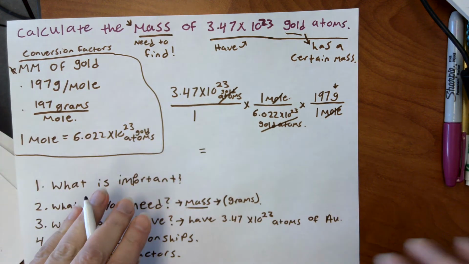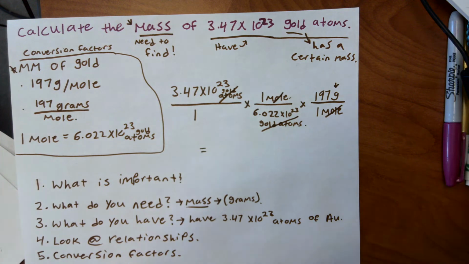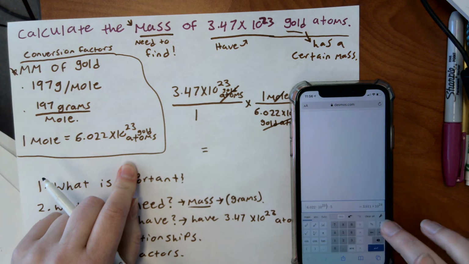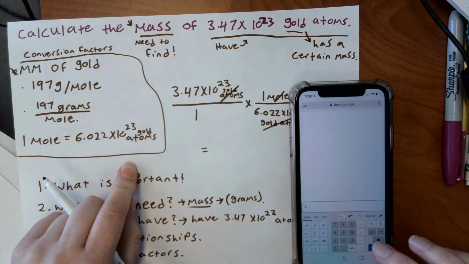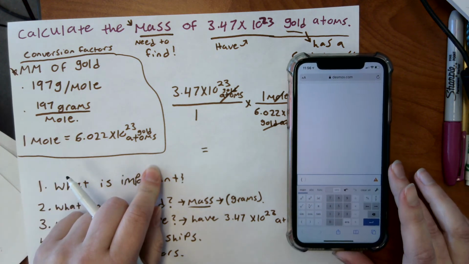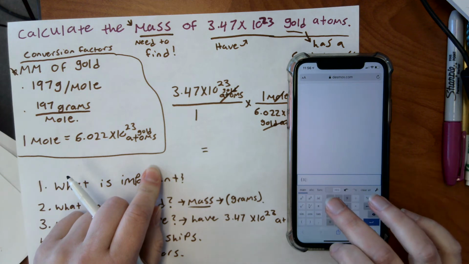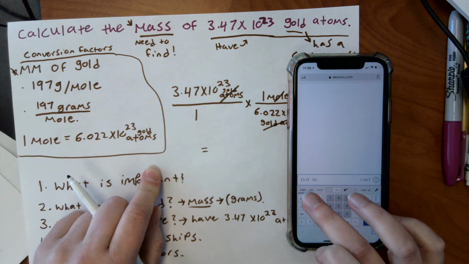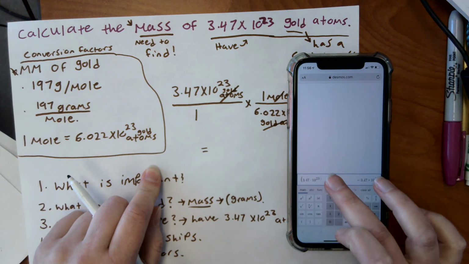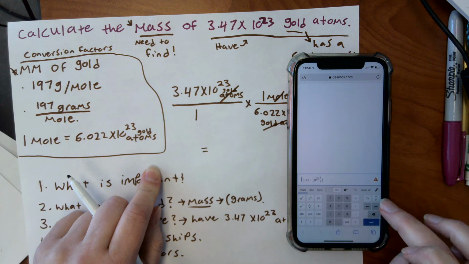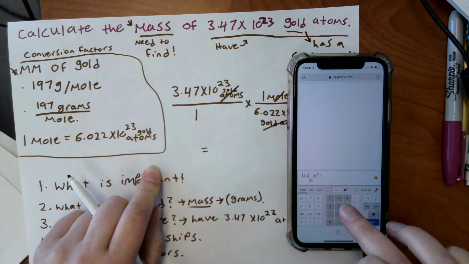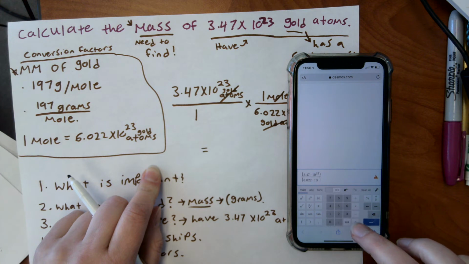So let me bring up Desmos again. Remember in Desmos, don't forget to put your little parentheses around stuff. So 3.47 times 10 to the 23rd, and we're going to divide that by 6.022 times 10 to the 23rd.